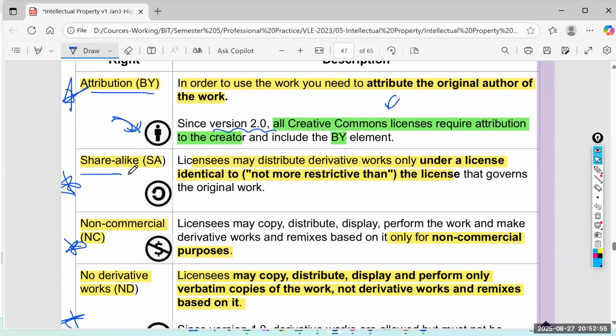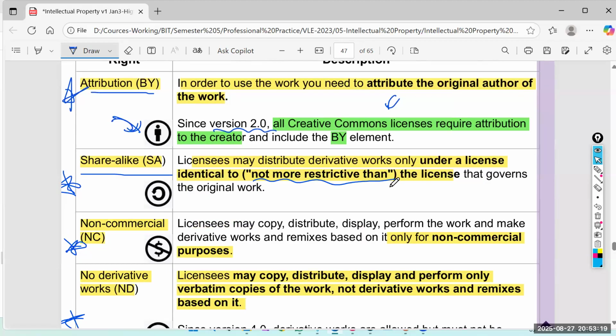So the second aspect is share alike. That means if you modify my contents, should you use the same license as mine to share it, or can you use a different one? If it is share alike, you can't restrict the license. Say you take my code, my software and modify it.